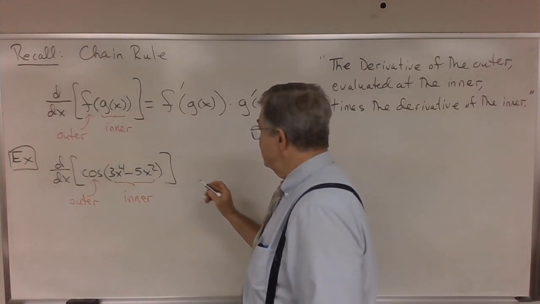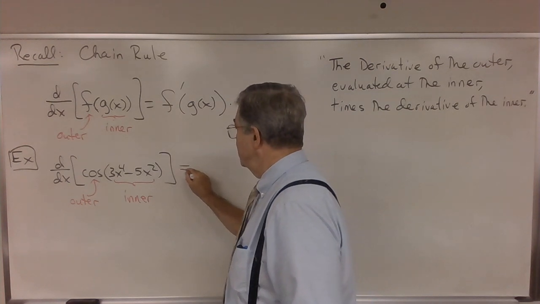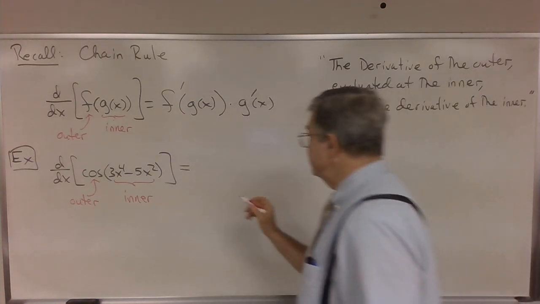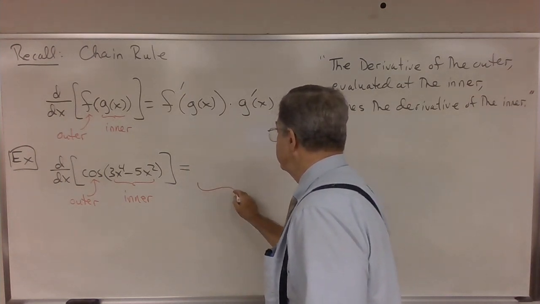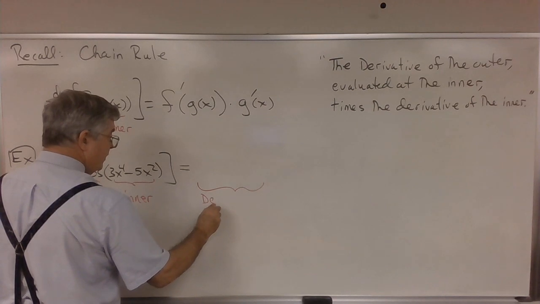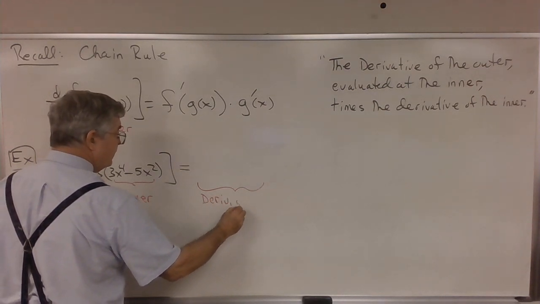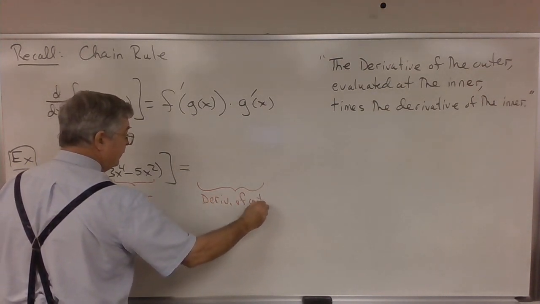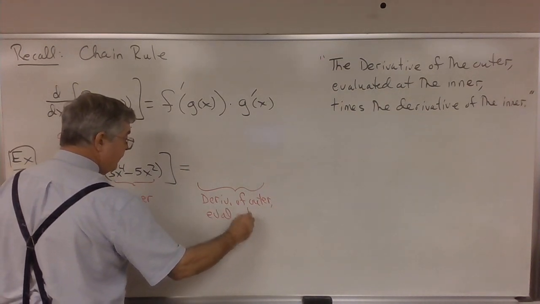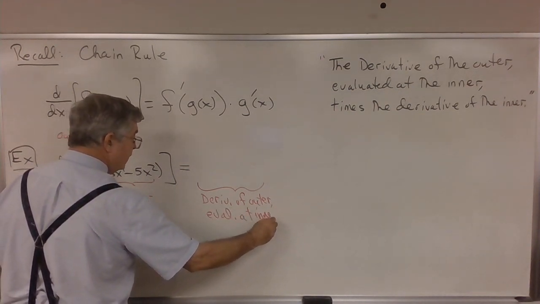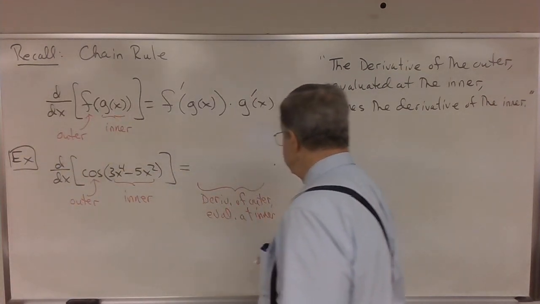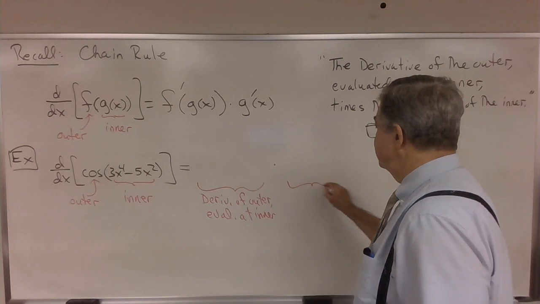And the chain rule tells us what we're supposed to get. We're supposed to get the derivative of the outer, so let's write that down: the derivative of the outer evaluated at the inner times the derivative of the inner.